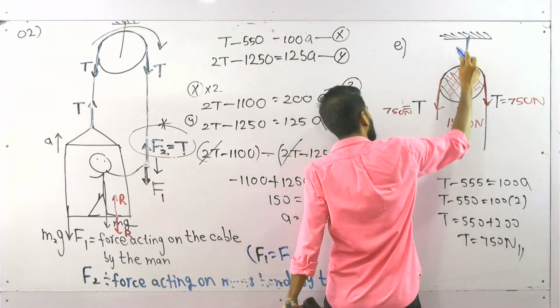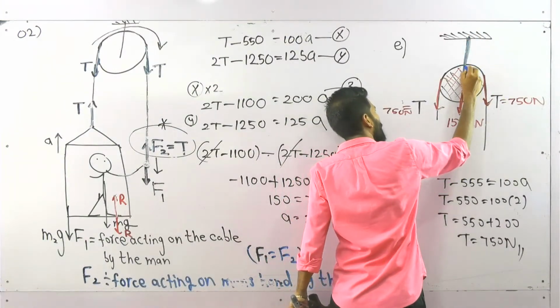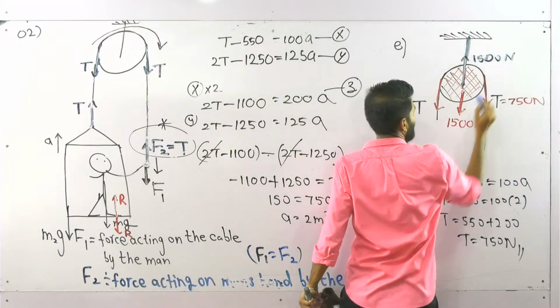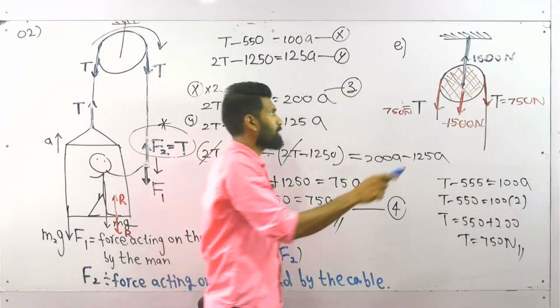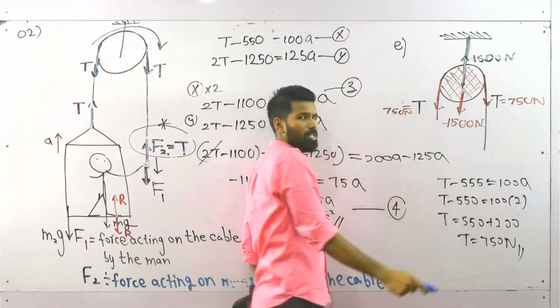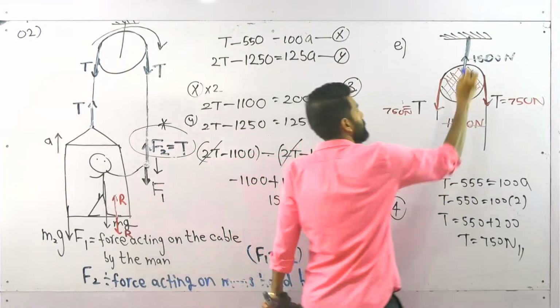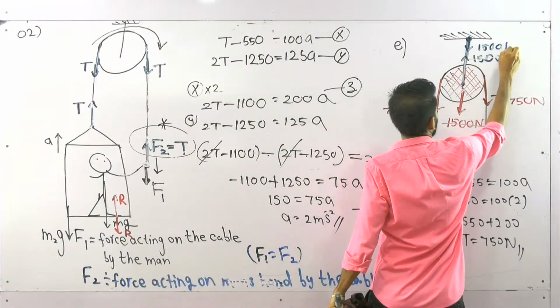So this blue string that I have drawn will attract the pulley upward with the 1500 force to cancel this one. As this string is also a string, it has the tension on the other side, so it will attract the roof downward with a 1500 newton force.